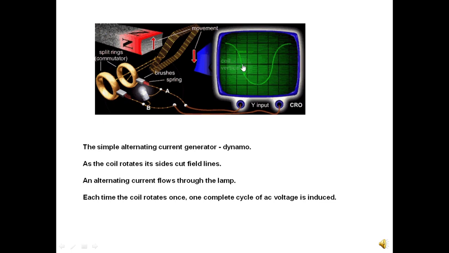I didn't quite manage to stop it on the vertical, so it's a little bit below the zero here. When it's at the vertical, rather than cutting through field lines, this side and this side of the coil are just moving along field lines. And so there is no cutting, and so there is no induced PD, so there is no induced current.